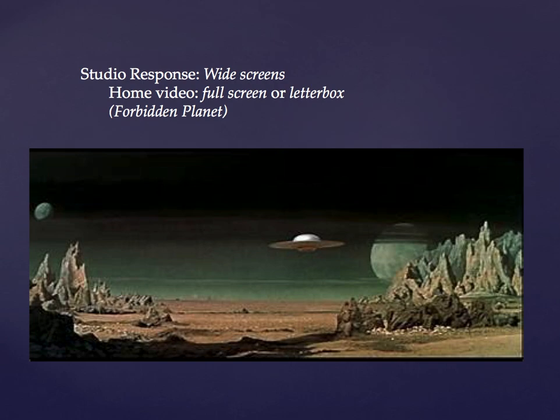Now today, pan and scan isn't such a big deal because most of our flat screen TVs are wider than those more square-ish television sets. And if you're just looking at this slide here, the slide is fairly square-ish, right? It's a little bit wider than it is high.